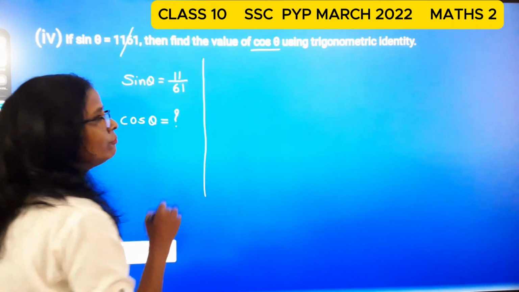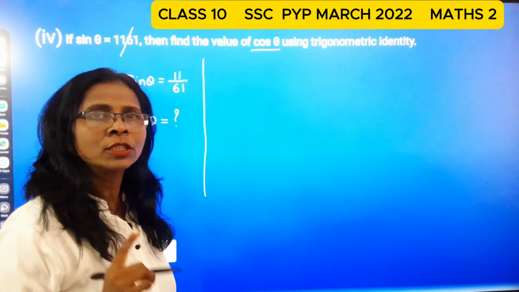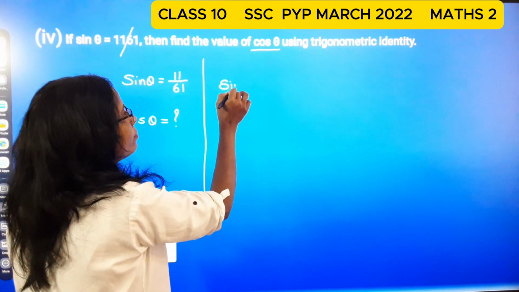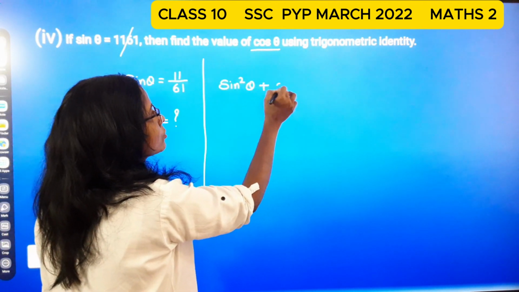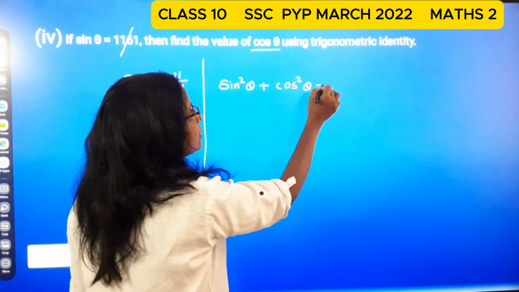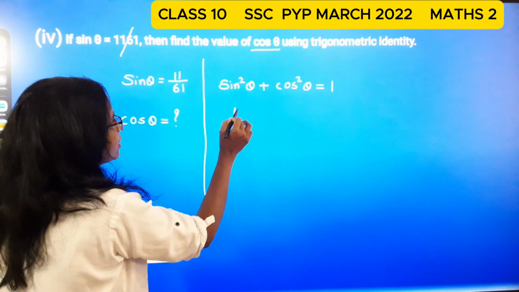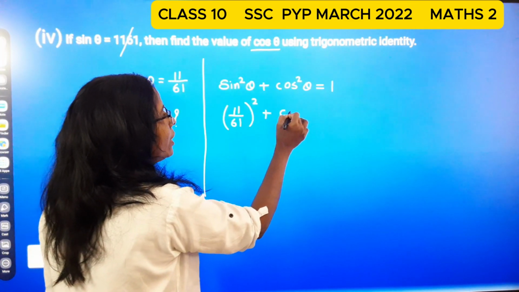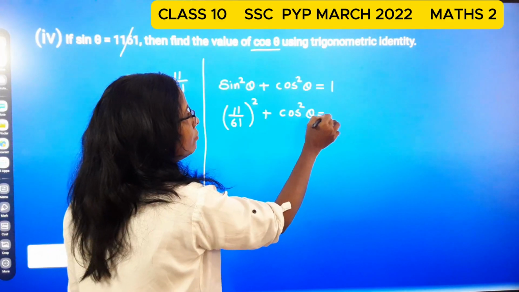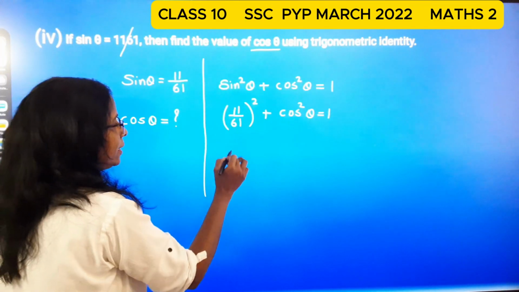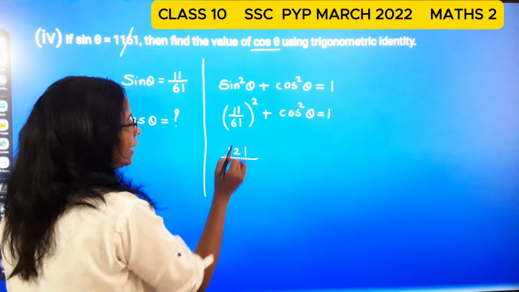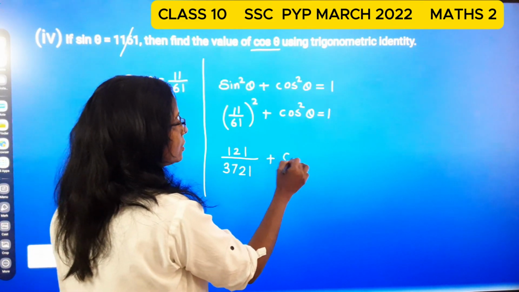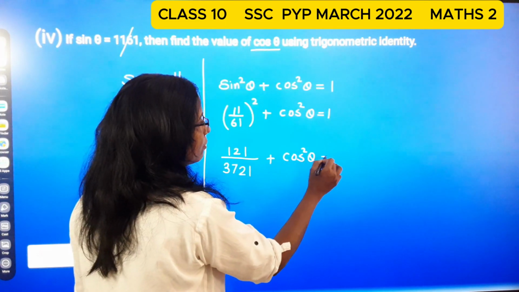With respect to sin theta and cos theta, the first identity of trigonometry is sin square theta plus cos square theta is equal to 1. Substituting, 11 upon 61 whole square plus cos square theta is equal to 1. That is 121 upon 3721, since the square of 61 is 3721, plus cos square theta is equal to 1.